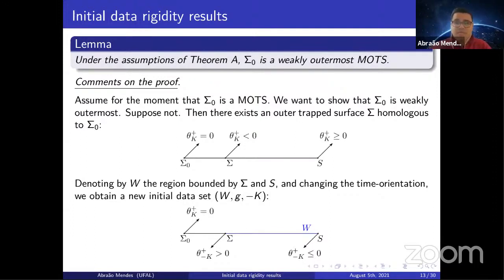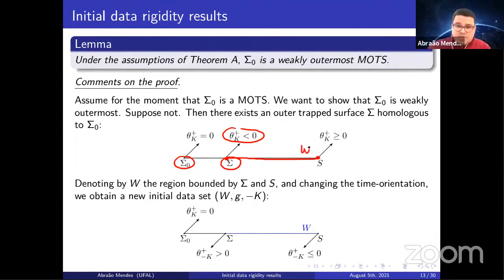Then by definition, because it is not weakly outermost, there is a hypersurface sigma homologous to sigma naught, with negative null mean curvature theta plus. All right, now we can consider the region bounded by sigma and S, the other S is the remaining components of the manifold.